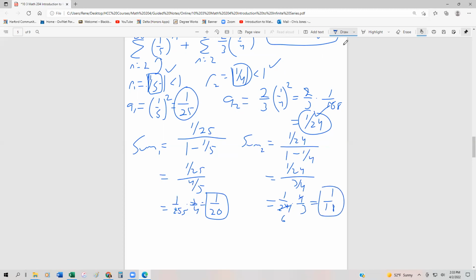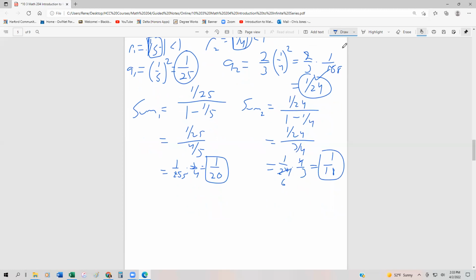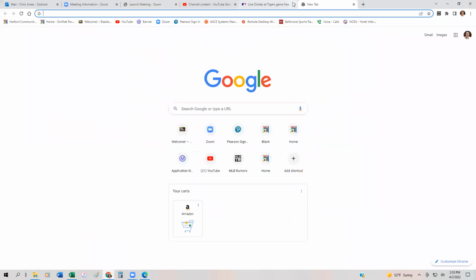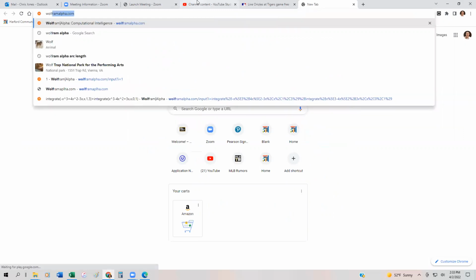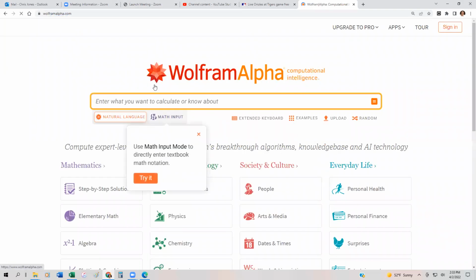So what is the total sum? Sum 1 plus sum 2 is 1/20th plus 1/18th. And I'm going to cheat. Sorry, I'm going to use Wolfram Alpha just because I don't feel like finding the common denominator between 20 and 18.